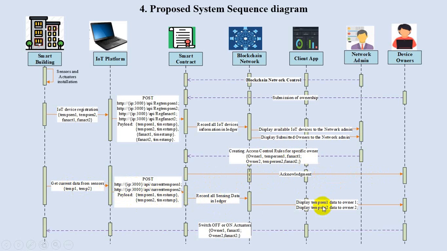The data from temperature sensor 1 will be shown to owner 1, and temperature sensor 2 sensing values will be shown to owner 2. Based on the sensing values, device owners can switch actuators off or on based on the specific rules created by the network admin.